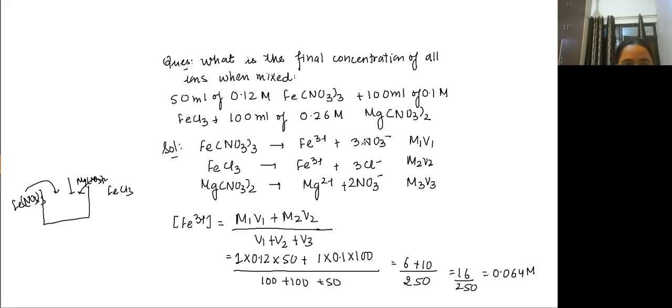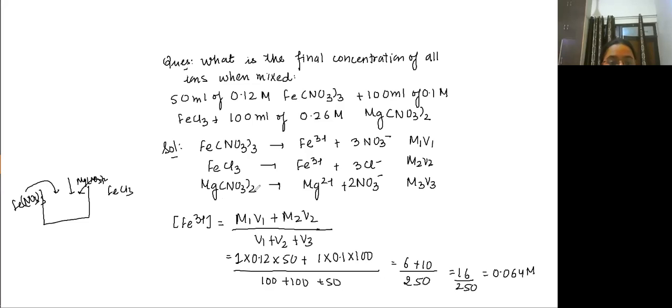Now NO3 minus is coming from M1V1, so it will be 3M1V1. Good, Lehri. 3M1V1 plus 2M3V3, because it contains 2 nitrate ions, divided by V1 plus V2 plus V3.